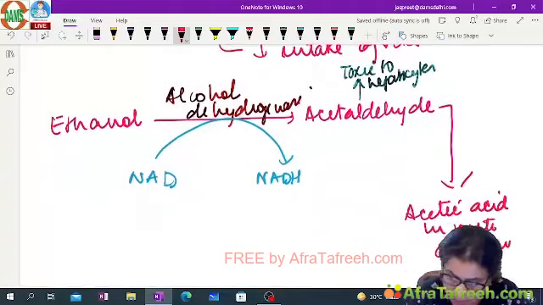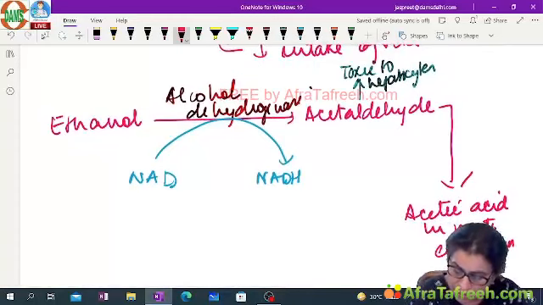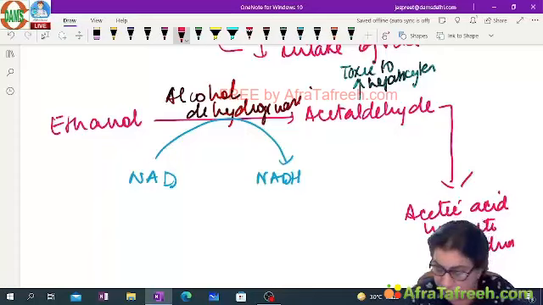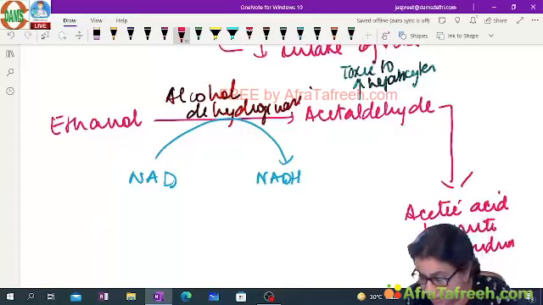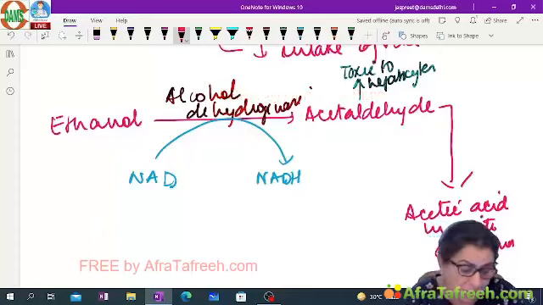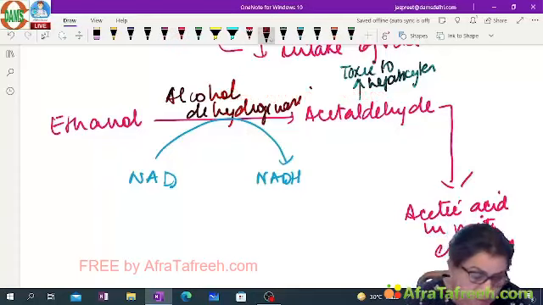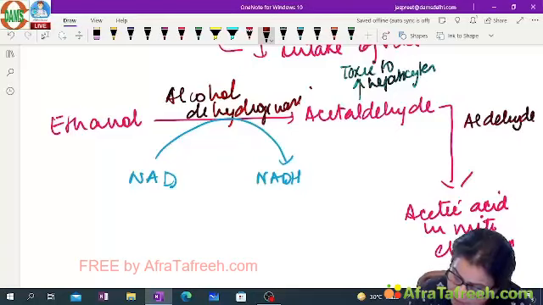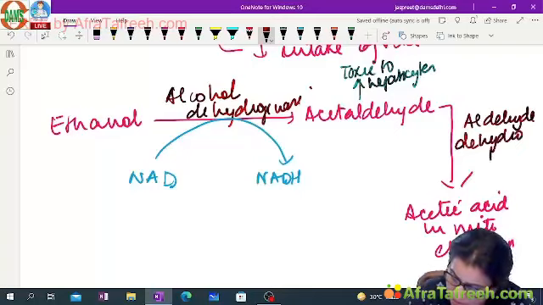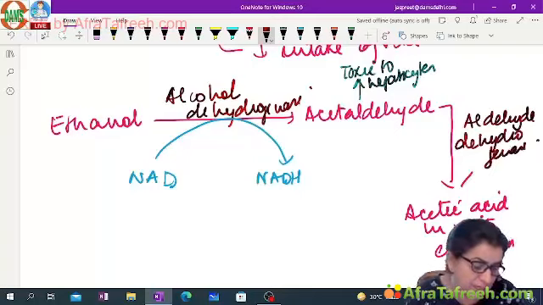The first step, ethanol getting converted to acetaldehyde in presence of alcohol dehydrogenase, happens in the cytoplasm. The second step, acetaldehyde converted to acetic acid in the mitochondria, happens in presence of the enzyme aldehyde dehydrogenase.